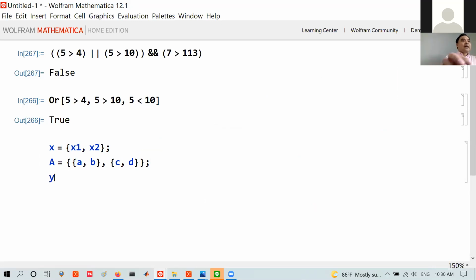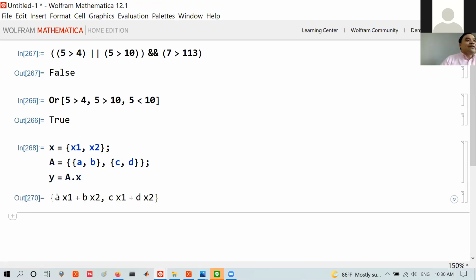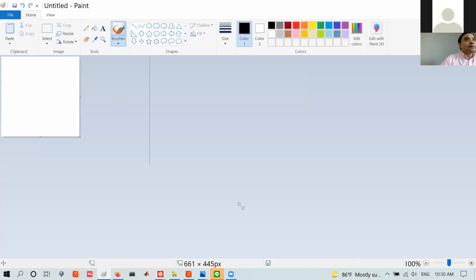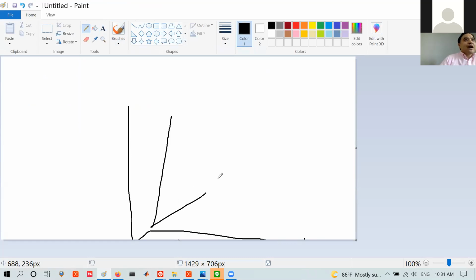And then Y is equal to A dot X. So you get this: the first element of this, the second element of this. So again, this is a coordinate, and this is another coordinate. And if we think about it, this is X and this is Y. So not only is it changing the size, in this case getting bigger, it's also rotating and stretching, right?